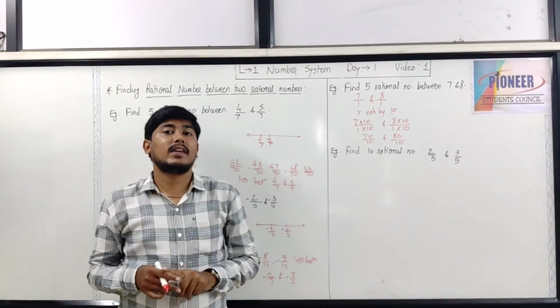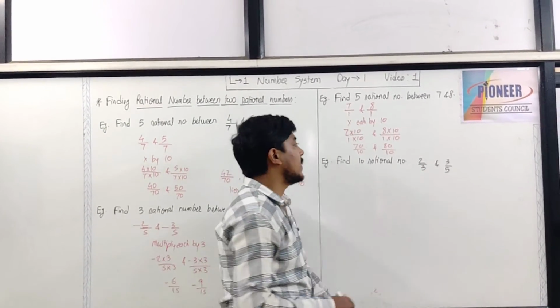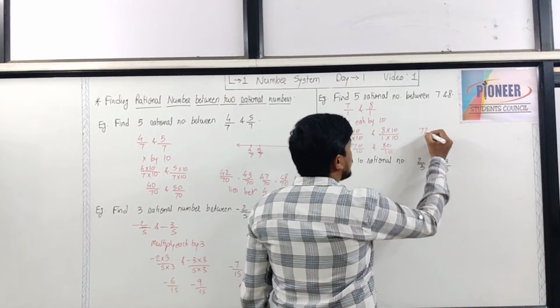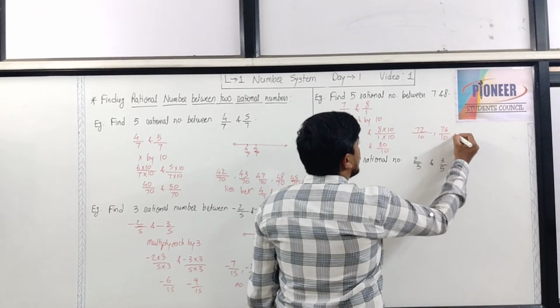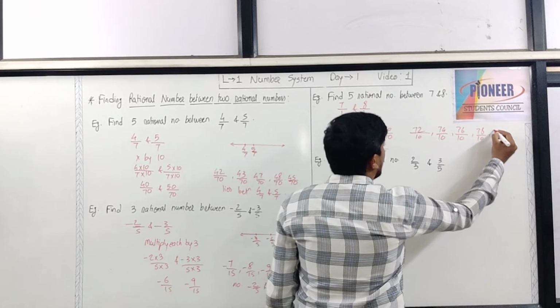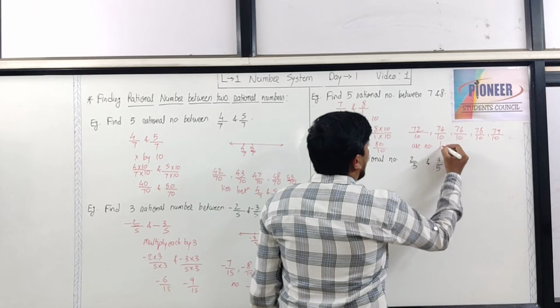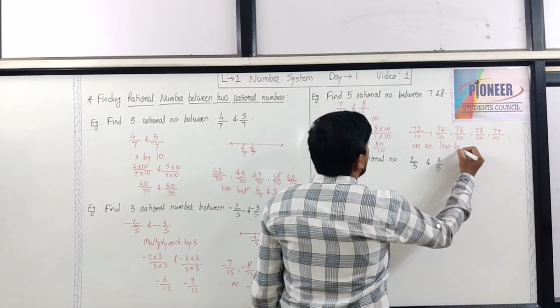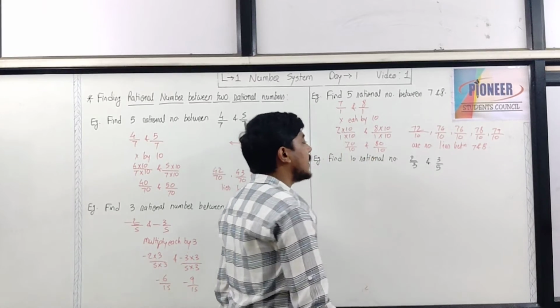Which are they? 71 upon 10, 72 upon 10, 73 upon 10, till 79 upon 10. So we can write any number. So we will write 72 upon 10, 74 upon 10, 76 upon 10, 78 upon 10, 79 upon 10 are numbers that lie between 7 and 8. Right, next?